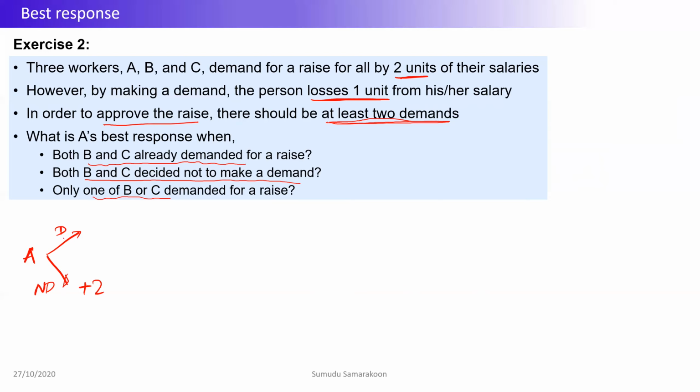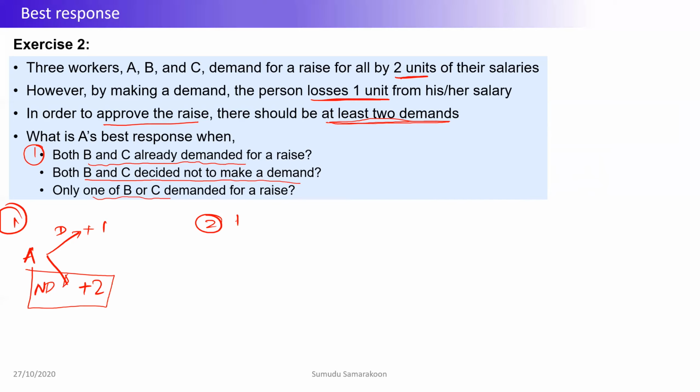If even after both B and C make the demand he again makes the demand to the employer, he will cut 1 unit out of his salary and he is going to end up with an increase of only 1. So under this scenario, case 1, when B and C already make the demand, the best response is not to make any demand. Now let's go for case 2.